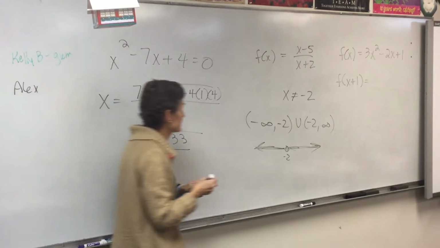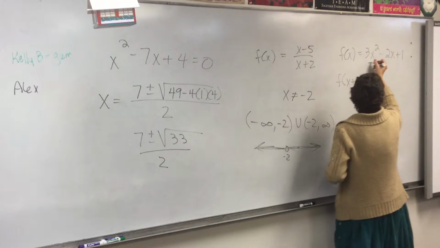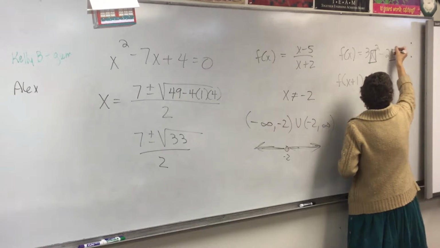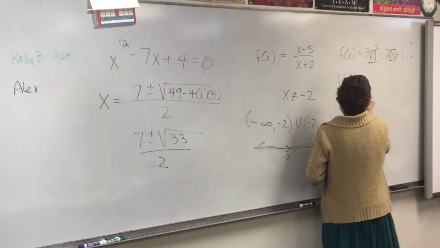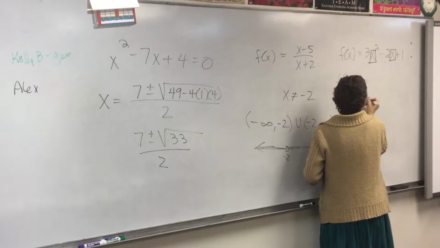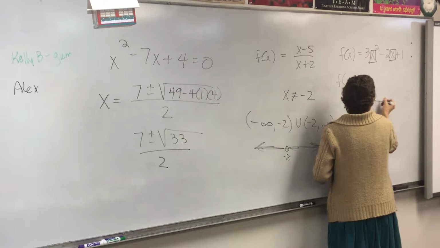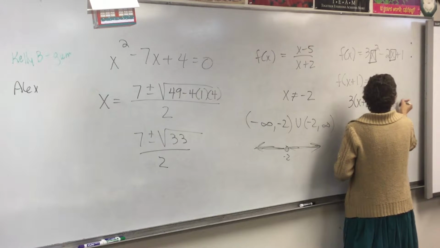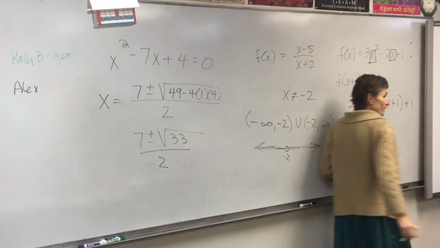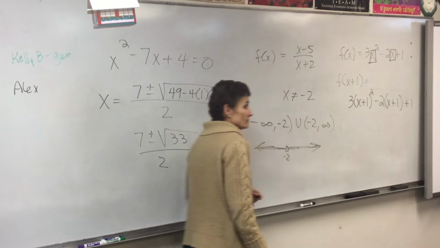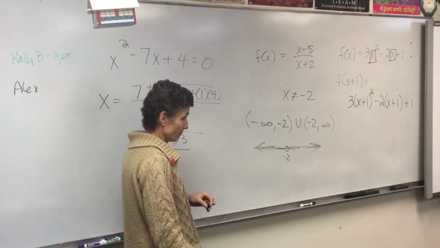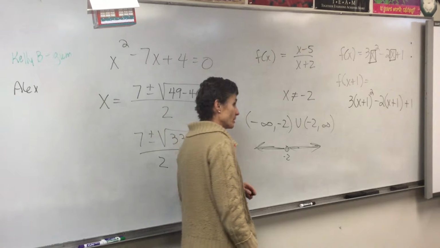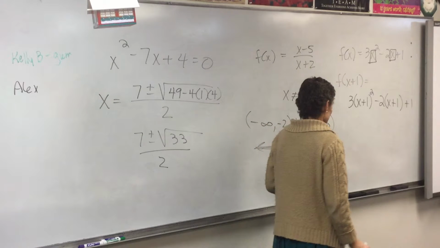Every time I see an x, I'm going to plug in x plus 1. So I'll have 3 times (x plus 1) squared minus 2 times (x plus 1) plus 1. Every time I see an x, in goes an x plus 1.